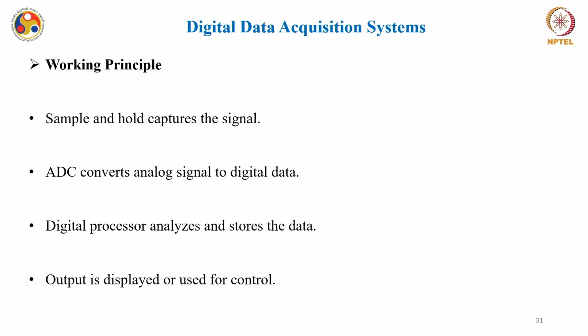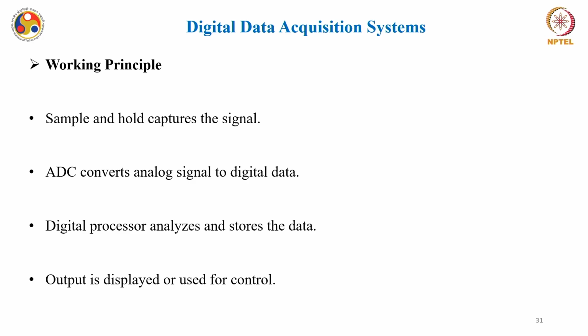Then in the next stage it is fed into a signal conditioning unit, where it improves the signal quality, maybe by amplification, by filtering, or by isolation. The multiplexer selects the required input channel, and further you have a sample and hold circuit which captures the signal and holds it for the ADC to convert this analog signal to digital data.